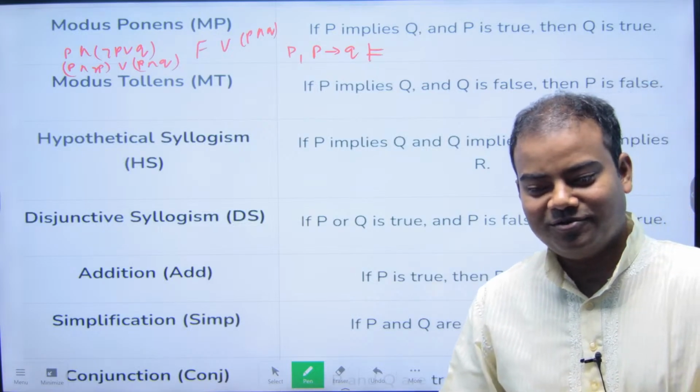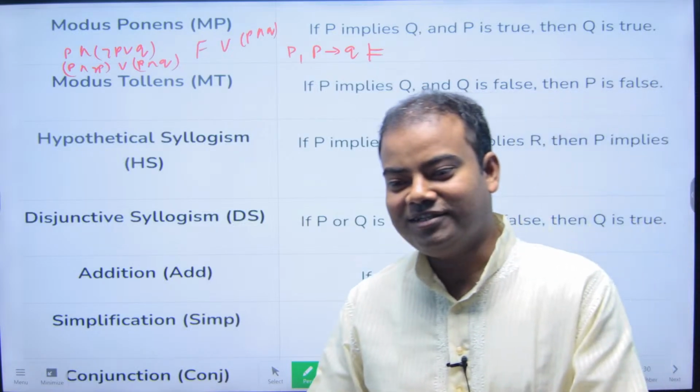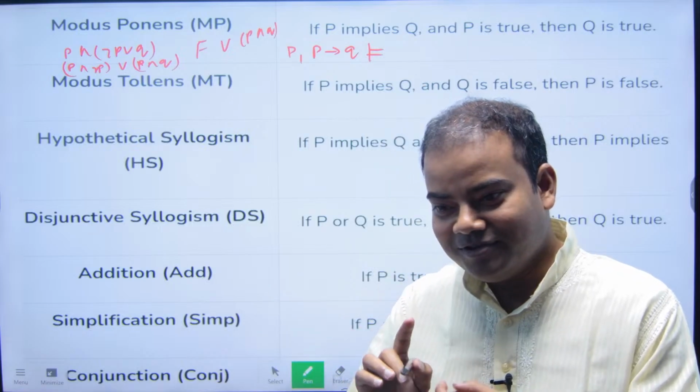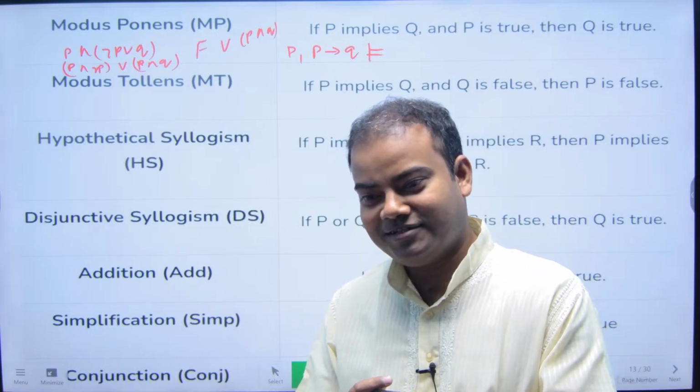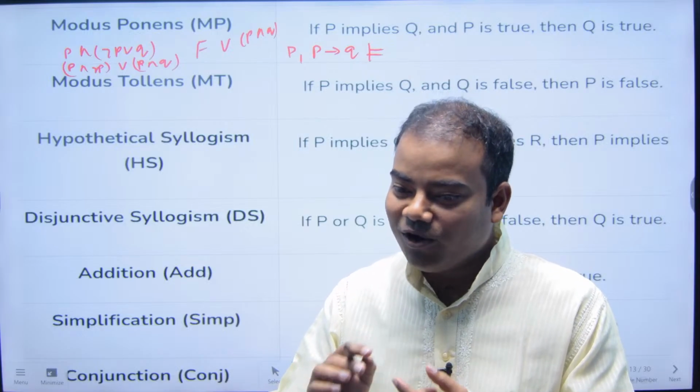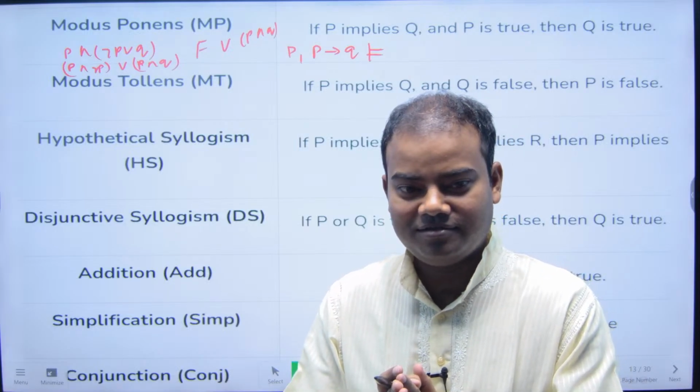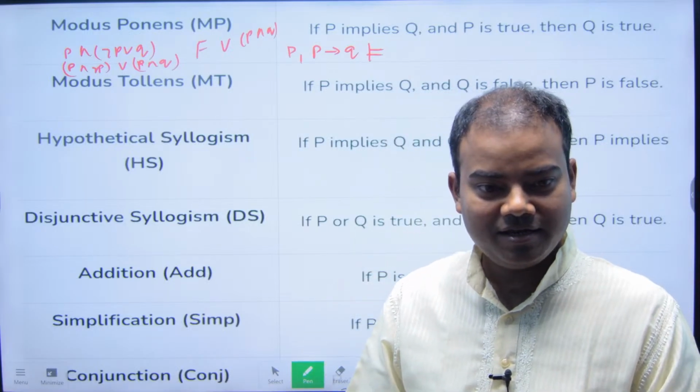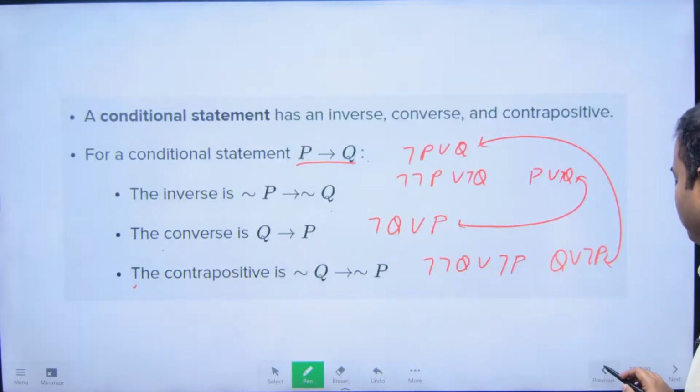Okay. If you have done digital logic, false means 0. So 0 plus anything is what? 0 plus x is x. So false or anything is that thing only. Is it clear? So we can do it here also.